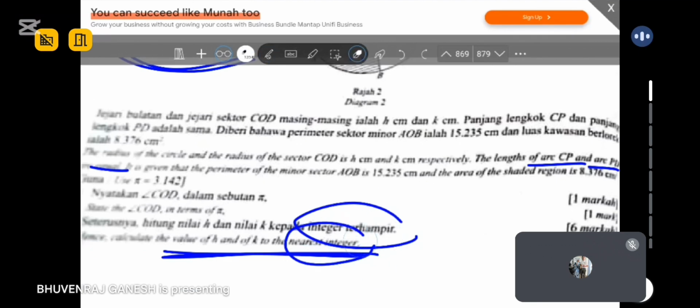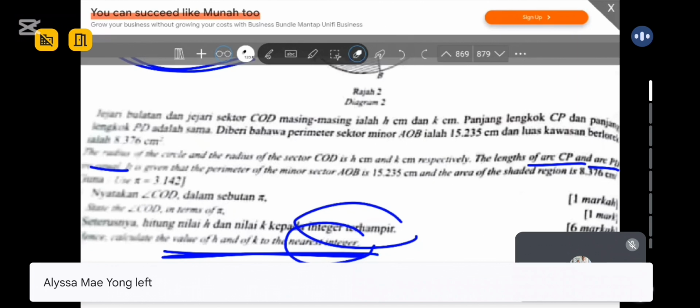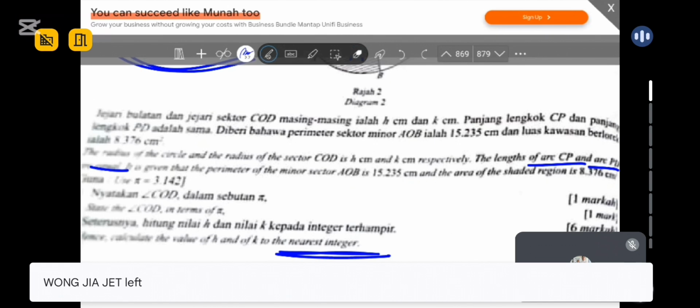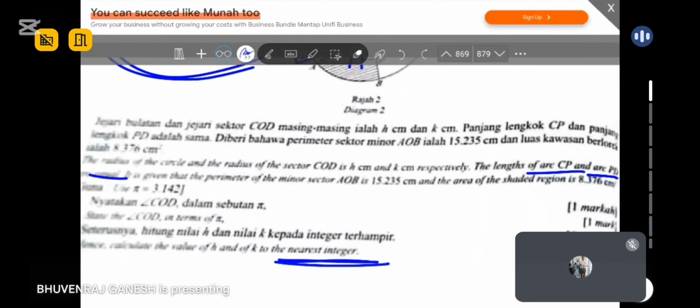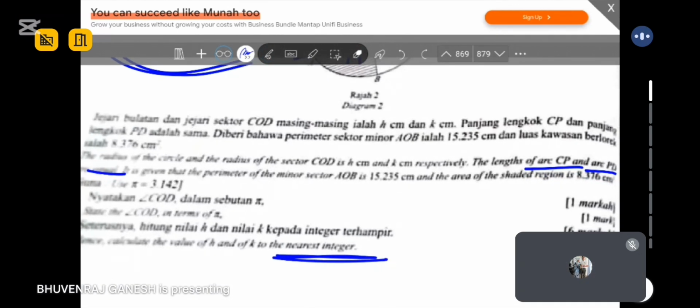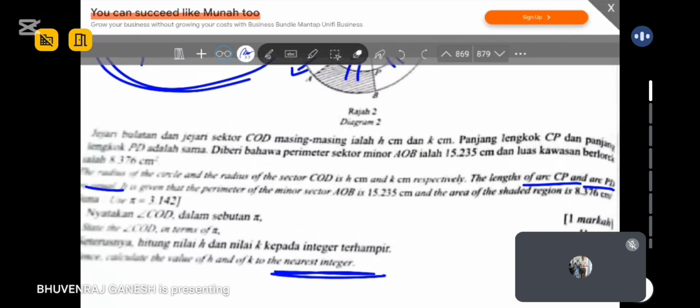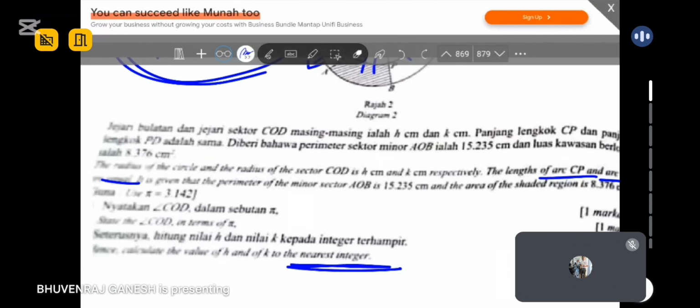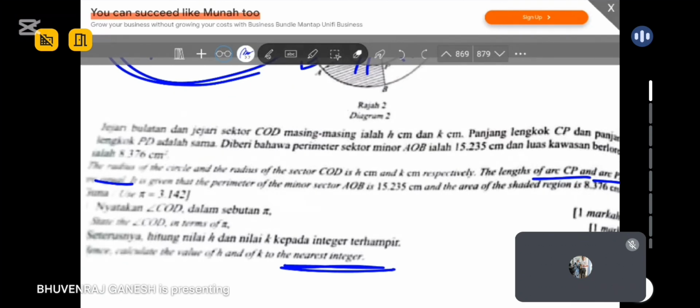Because if you don't get decimal, why does the question ask you to give it to the nearest integer? It means the answer before it should be a decimal. If you get a whole number earlier by calculation directly, it means that your answer is wrong. Jawapan kamu salah kalau dapat nombor bulat sebelum kamu bundarkan kepada integer terhampir.